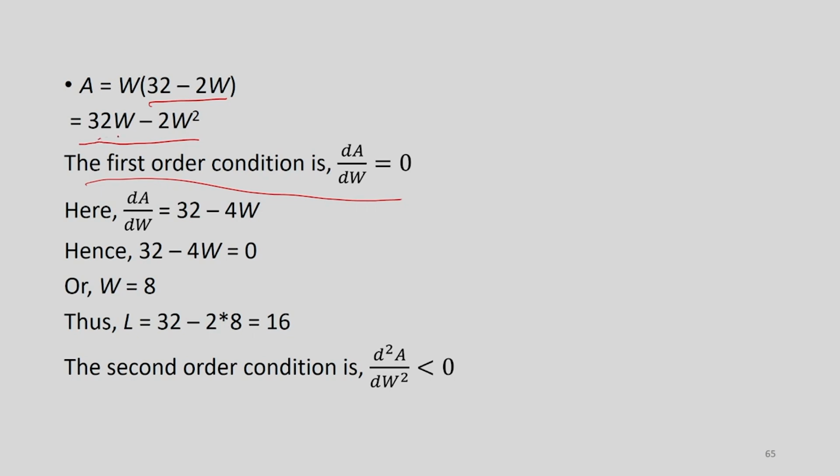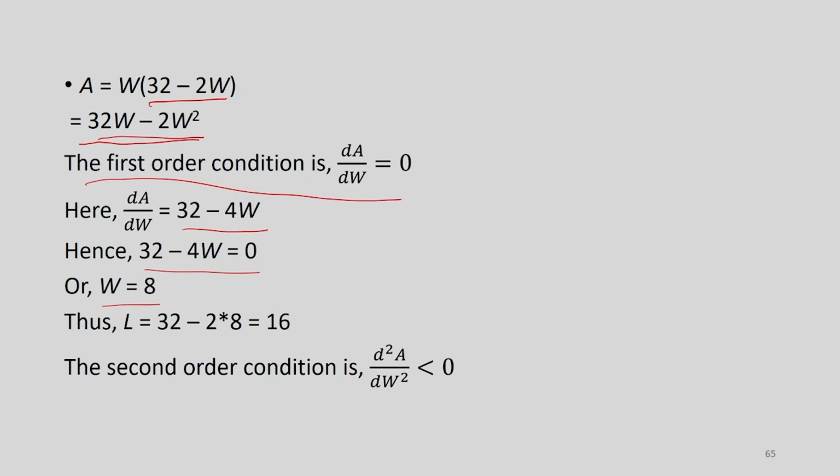If you take the derivative of this function with respect to W, you get 32 minus 4W. So 32 minus 4W is equal to 0, and that gives me W is equal to 8. So the width of the garden should be 8 meter.